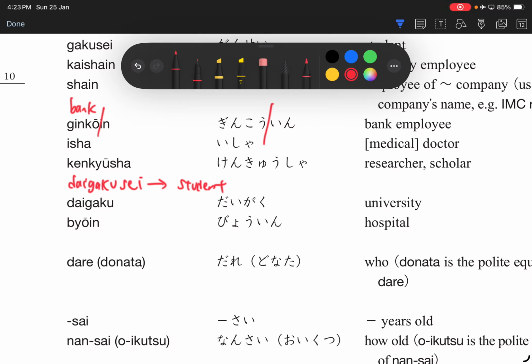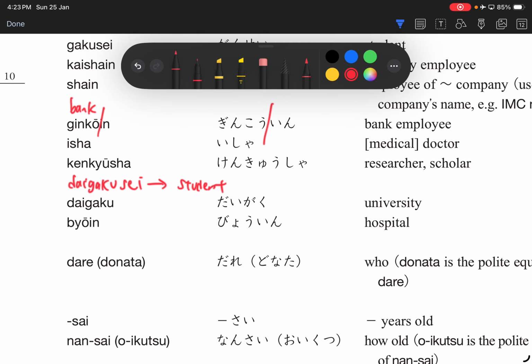The pattern you can see is that if the U is somewhere in the middle, there's a chance it's silent. However, when it's the university by itself, we say Daigaku, the U is there. But Daigakusei, the U is missing.